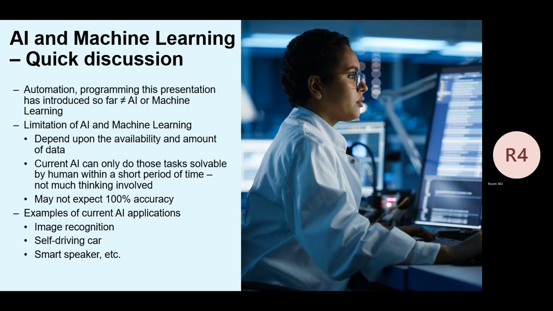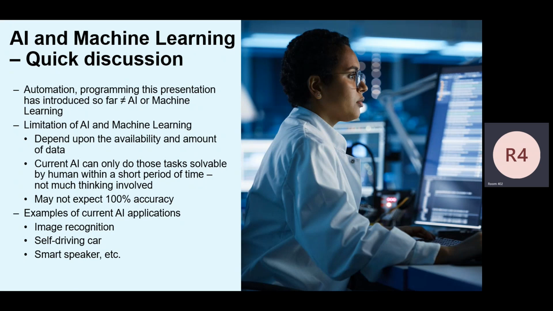The automation and programming we talked about is still not the computer learning and writing the program for me. It's me thinking about something, writing code, and telling the program to run. That's not machine learning yet. And there are some limitations of AI and machine learning at this point.